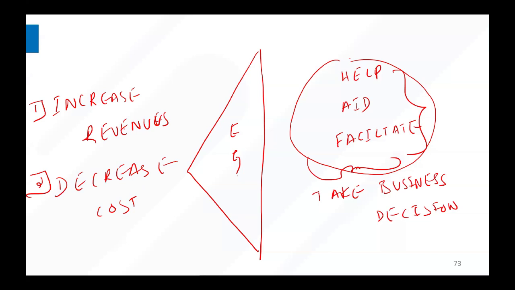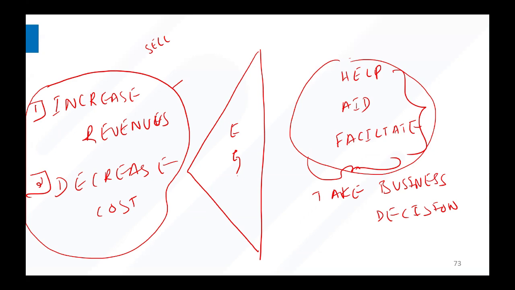Increase the revenues and decrease the cost. These are the two important aspects of any business. You can increase the revenue by selling more, or increasing the price, or having more products.